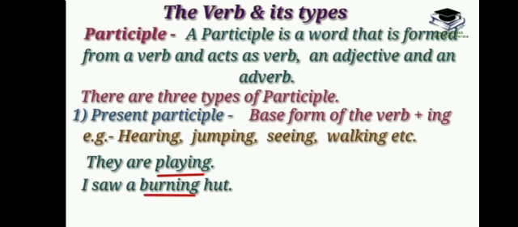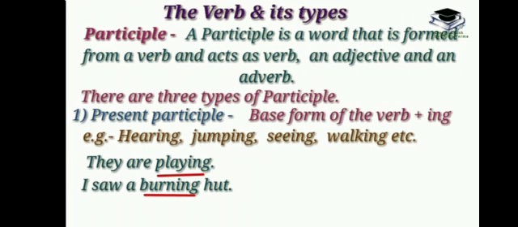Come on to the participle. A participle is a word that is formed from a verb and acts as a verb, an adjective or an adverb. Students, what I have already told you about the gerund is that it is a verbal noun. Over here the participle is basically a verbal adjective. It means that it is a verb form which is going to be used as an adjective.